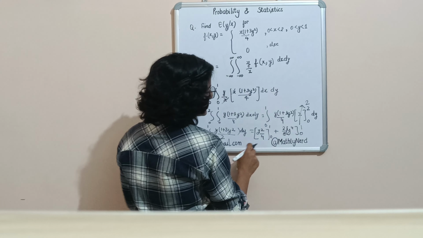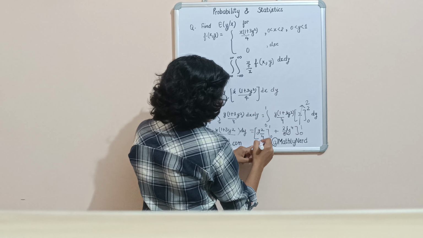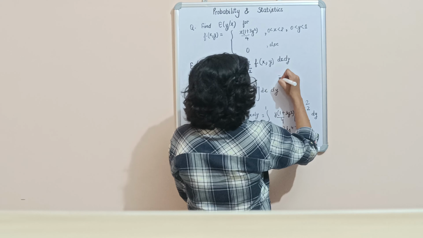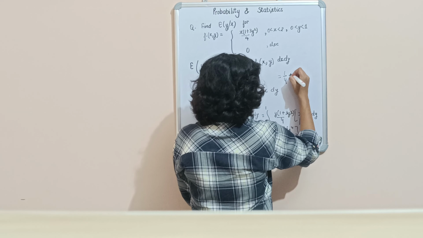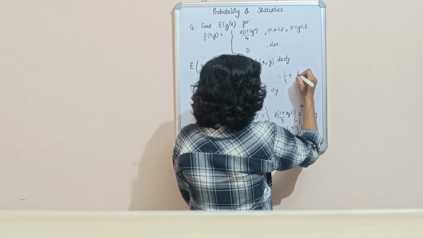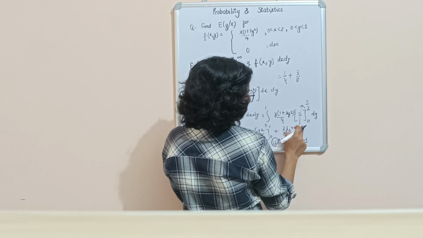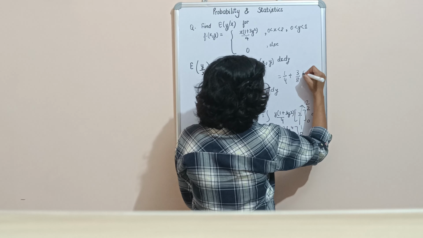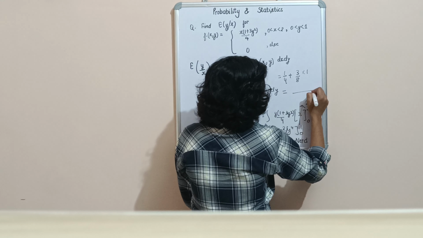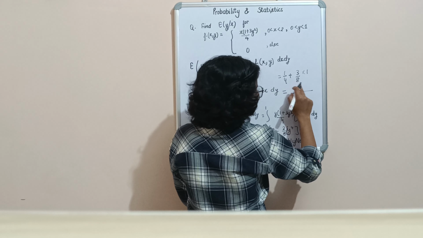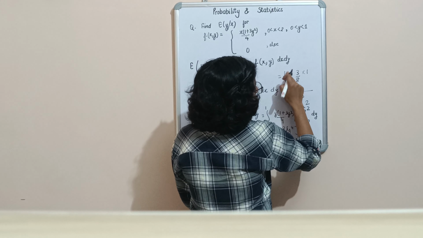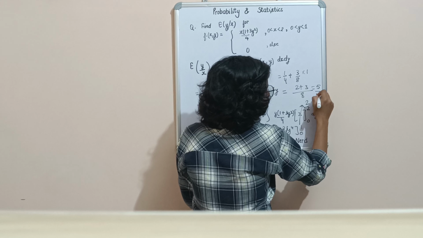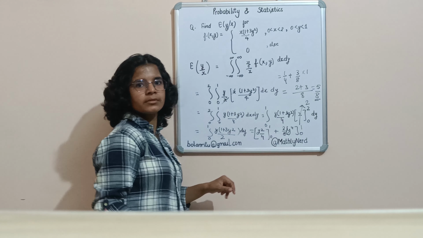If we solve these limits, this will equal 1/4 minus 0, plus 3/8 times (1 to the power 4 minus 0). So with LCM 8, 2 plus 3 equals 5/8. So this is our answer.